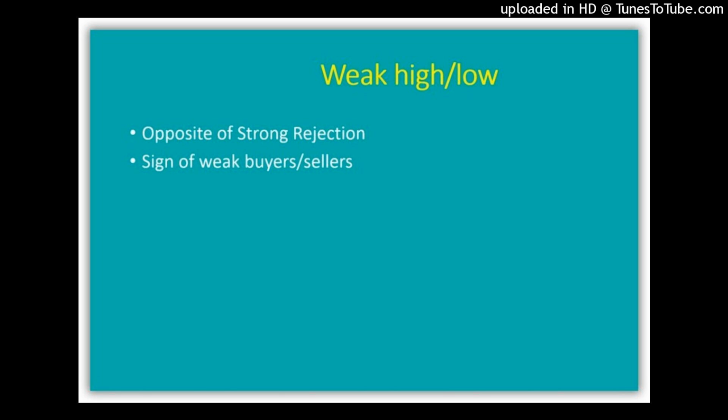So if I start from the left, then this failed auction got tested right there with this candle. This failed auction got tested with this candle. This failed auction got tested in here.